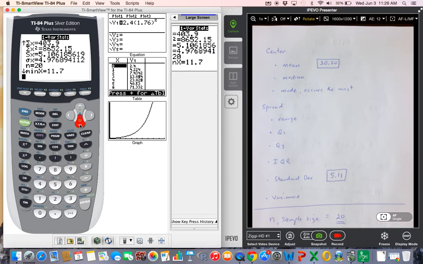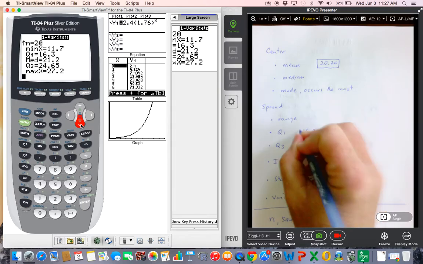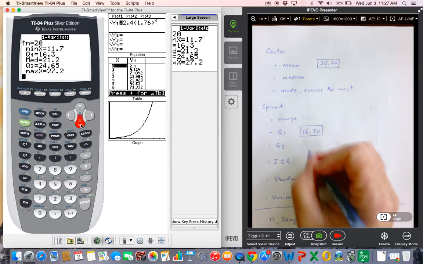So our sample size is equal to 20, and of course we get that from here. So let's scroll on down, and we will get our other information. So it looks like Q1 is 16.30. Looks like Q3 is 24.65.